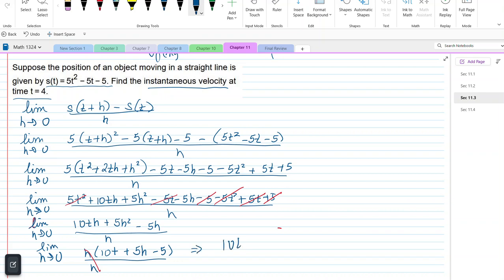Now we take the limit as h approaches 0 for our general function of 10t minus 5, which is our velocity function. So we want instantaneous velocity. That's the value of our limit formula for the difference quotient at that value.